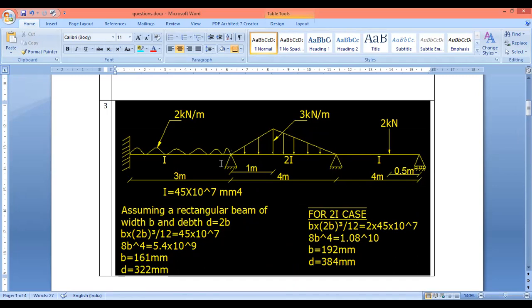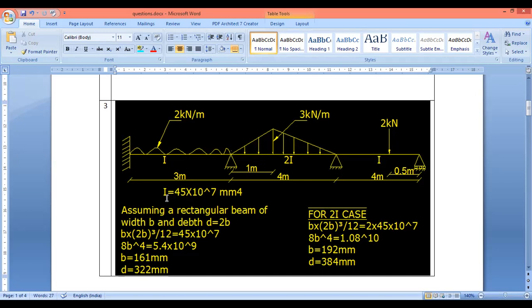For I also, you will get the same bending moment value. For 2I also, you will get the same bending moment value. So for that, we have to somehow find what the I value is: what is the cross section of the first span, the second span, and the third span, so that it can be accounted for.